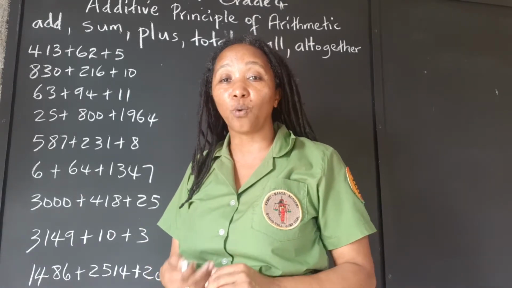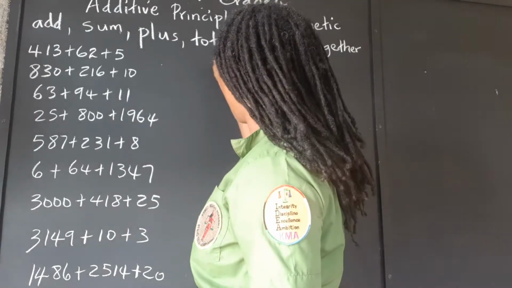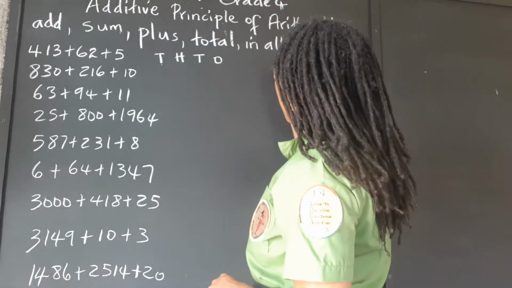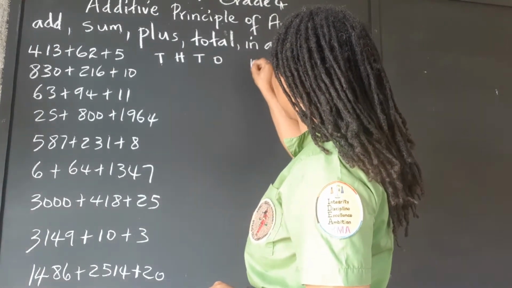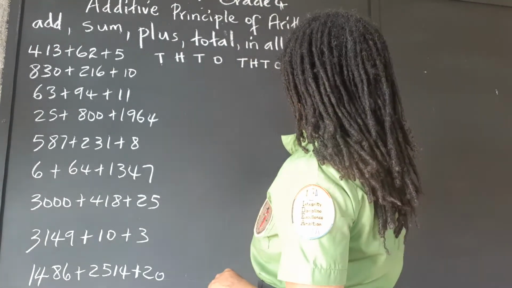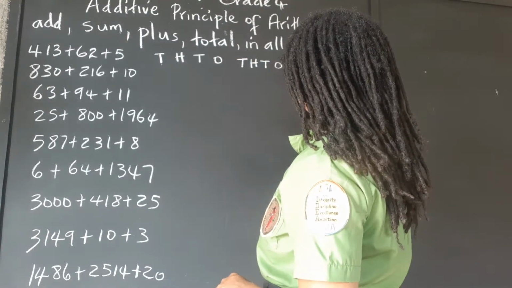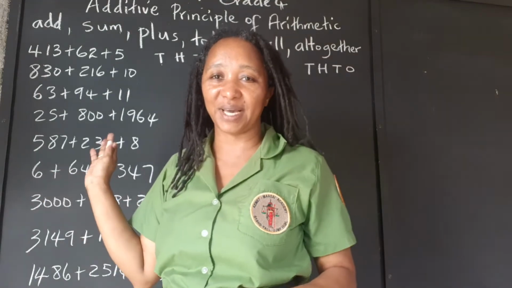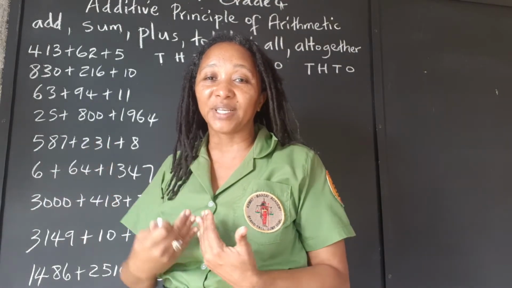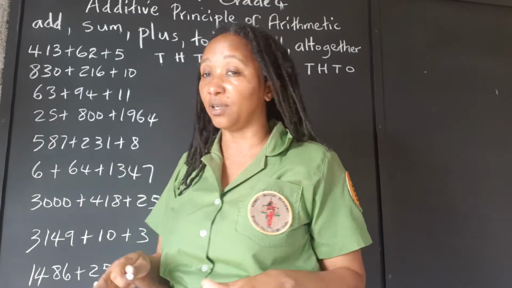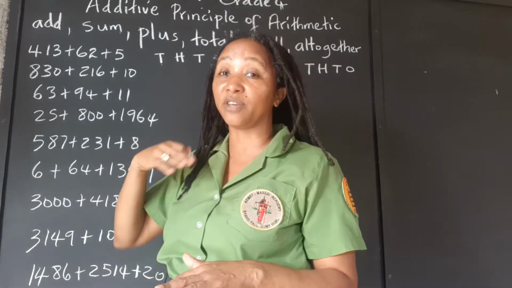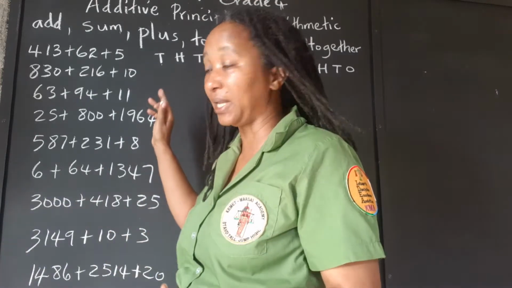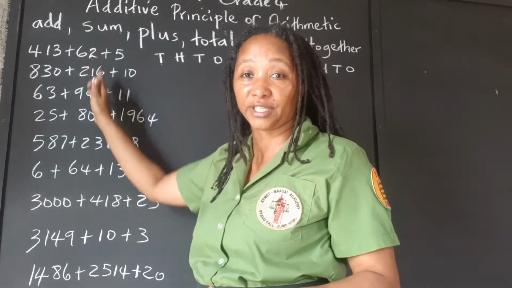So if your teacher wants you to set it out with your ones, tens, hundreds, thousand, then you should do so. For the other 6, I'm not going to do that. I personally don't think that at this level you should need to do that, but if you do need to do it, that's perfectly fine. Go ahead and put them in. I'm just going to do it for the first 3.